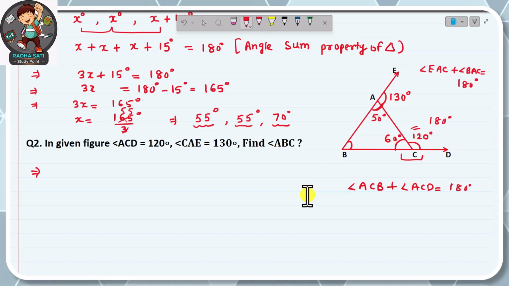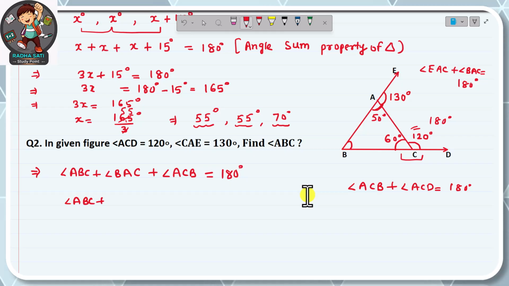So what will be the measure of angle ABC? Let's write angle ABC plus angle BAC plus angle ACB will be equal to 180 degrees, again the angle sum property of triangle. We have to find out angle ABC.